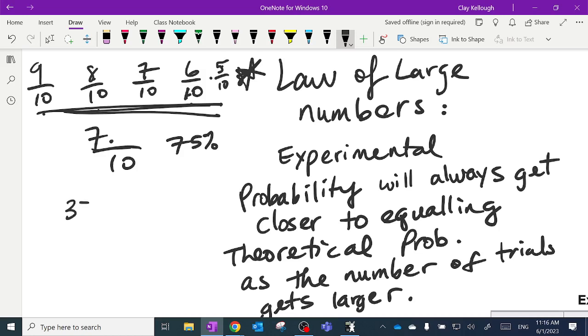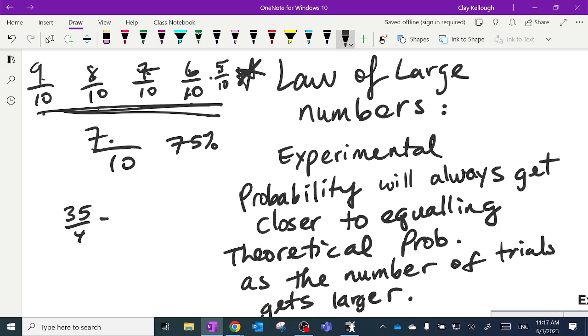Oh, yeah, I guess it is. 11, 18, 26, 35. So they add up to 35.